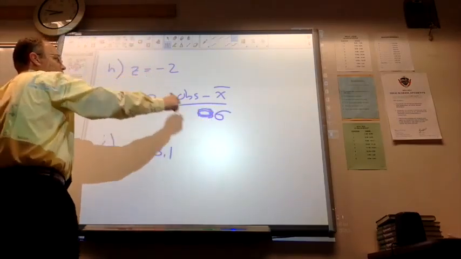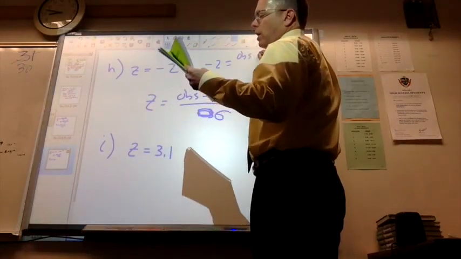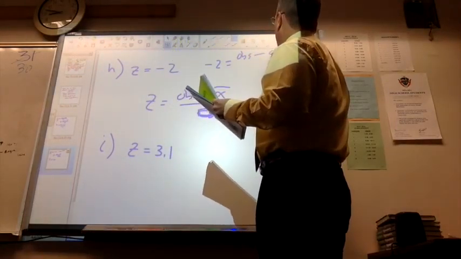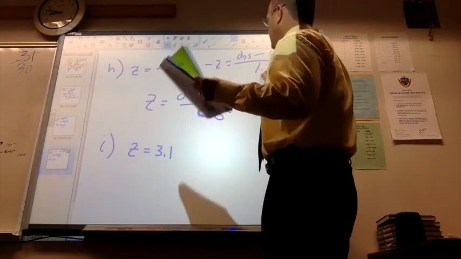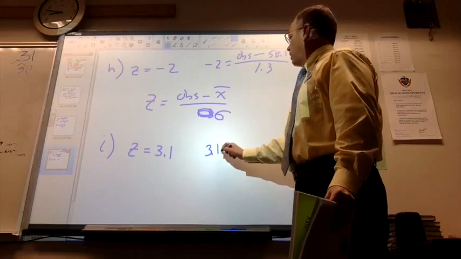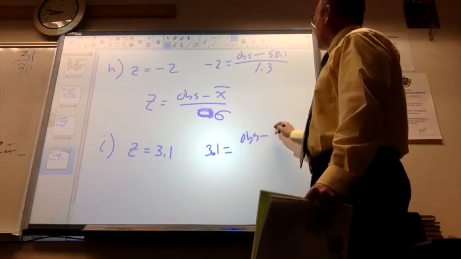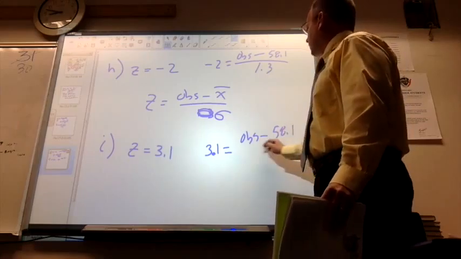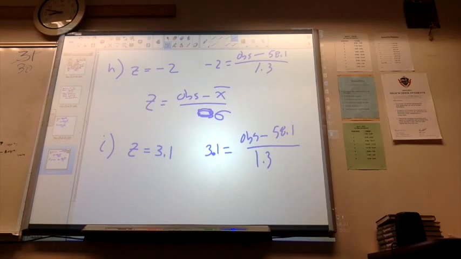So if they gave you a z-score of -2, you're going to go -2 is equal to, you're looking for your observed score minus the mean over the standard deviation. And then this one, z-score would be 3.1 is equal to, you're looking for the observed score minus the mean over the standard deviation. So those are some things just to work backwards with that.